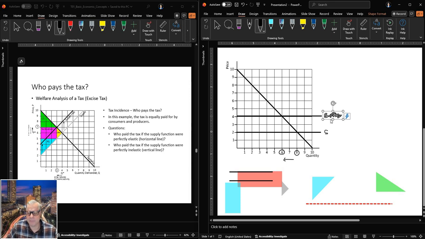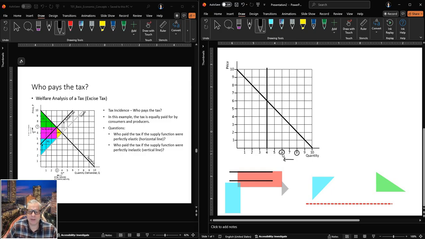But if we had a perfectly vertical supply function, a vertical supply function is something that you can often observe, let's say, in agriculture.